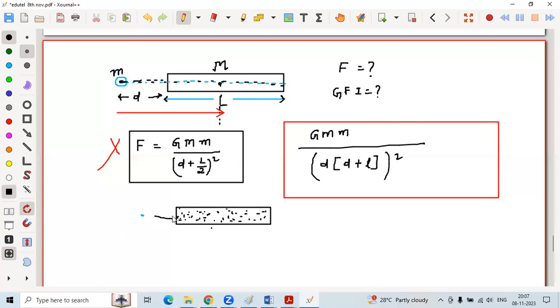Each point is asking to come towards me, and I need the entire result. That requires integration. When integrating, limits will apply, and limits always go from start to end. The initial limit is the point to the initial point, and the final limit is the point to the end. Shall I say it simply?